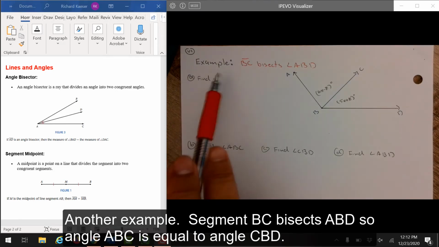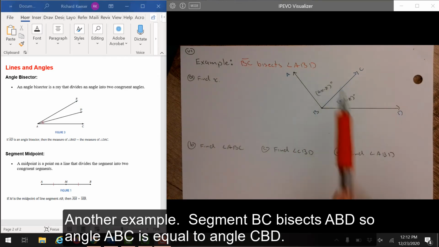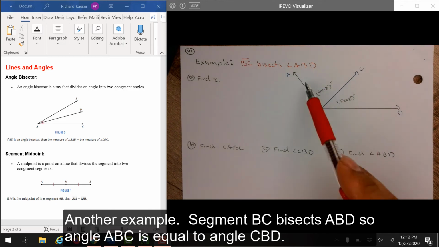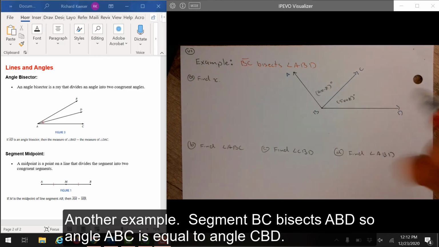Another example, segment BC bisects ABD, so angle ABC is equal to angle CBD.